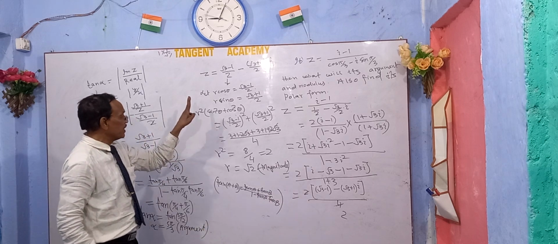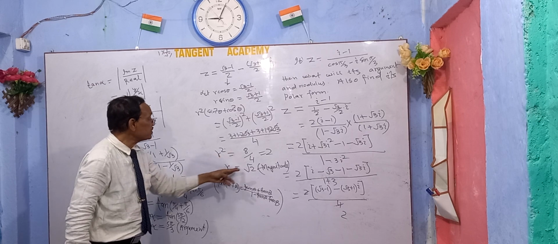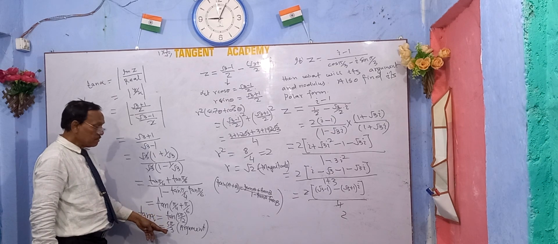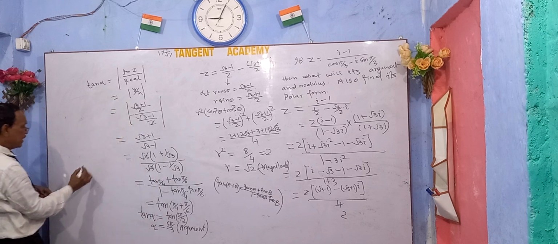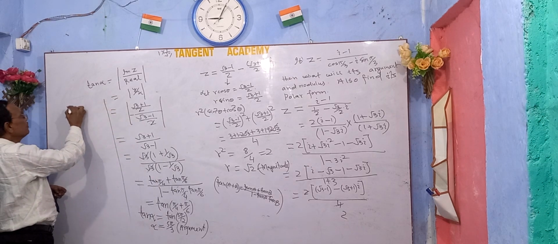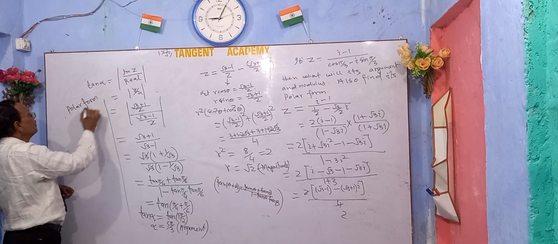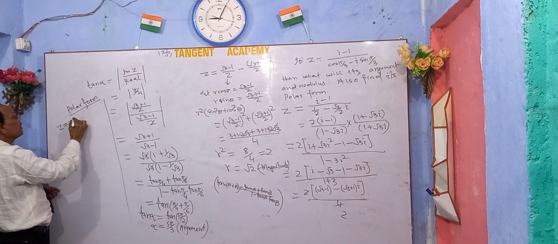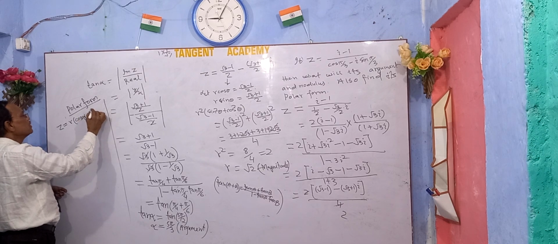So we have found two things here. The modulus of that point is root 2 and the argument of that point is 5 pi by 12. So the polar form will be z is equal to r (cos alpha plus i sin alpha).